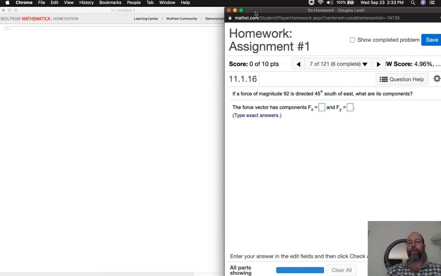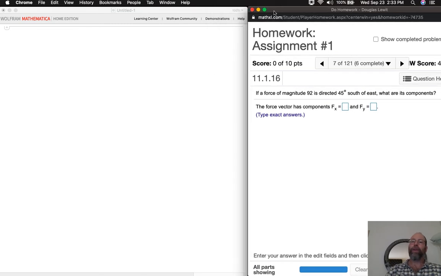I don't want to spend a lot of time drawing pictures right now because we're going to do that later for another problem. But 45 degrees south of east means that the vector points 45 degrees below the positive x-axis.